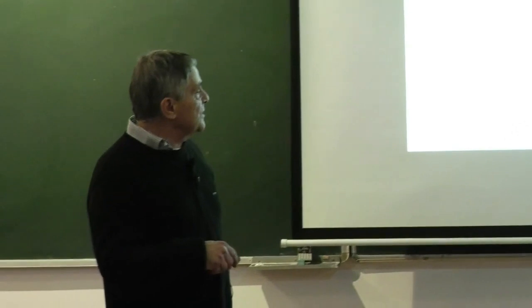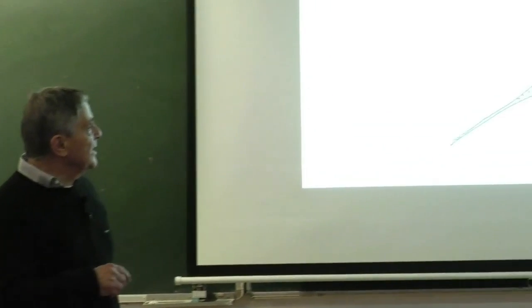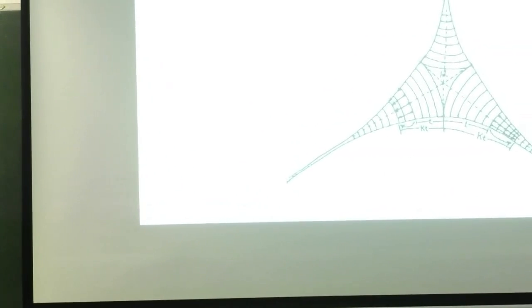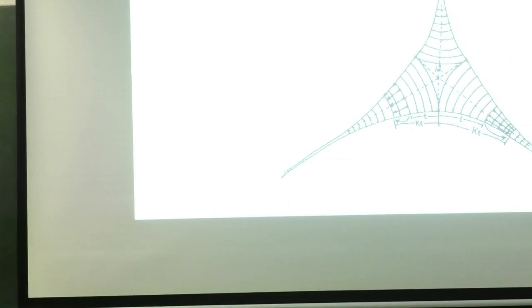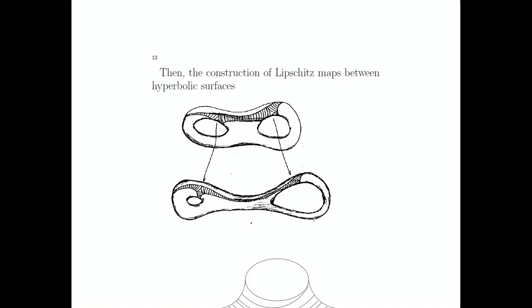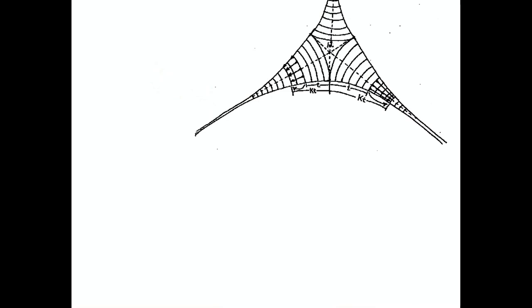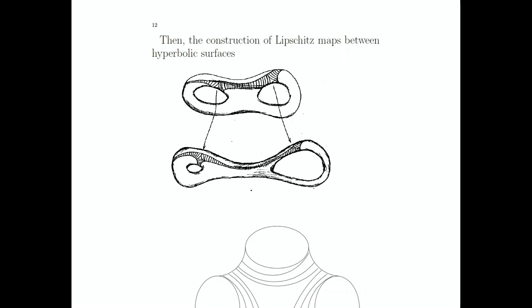And I'm saying that this construction here is the basic construction in Thurston's paper, because I have this picture here. This picture also is taken from Thurston's paper.